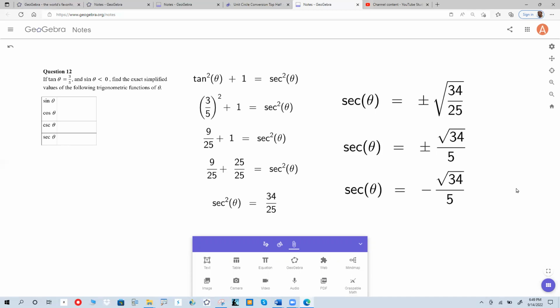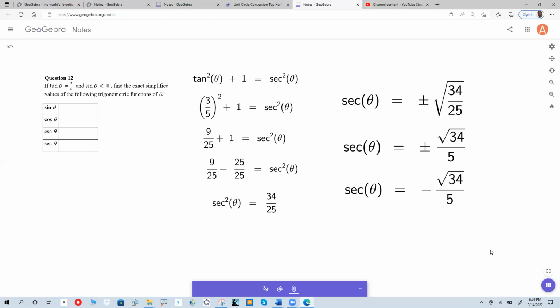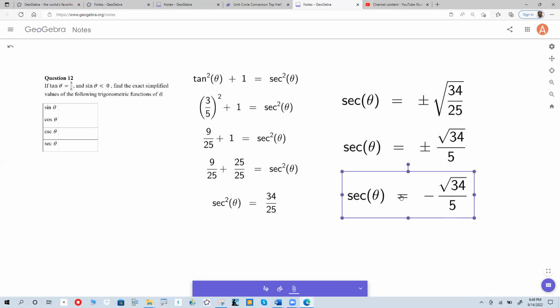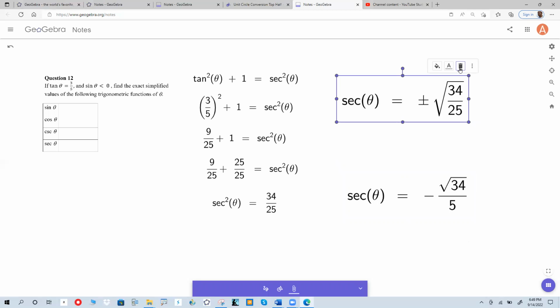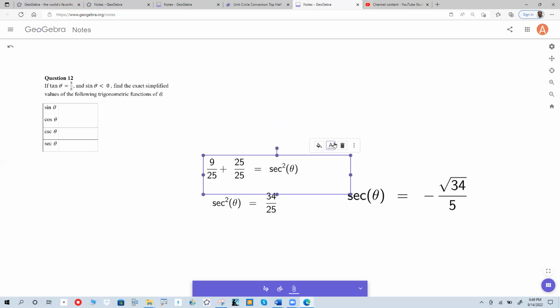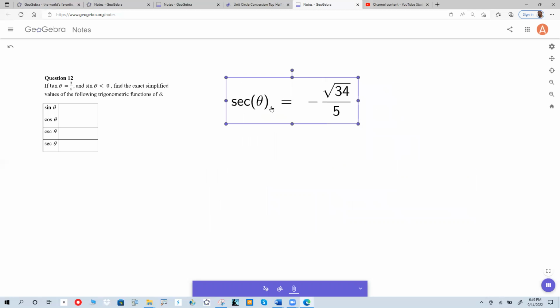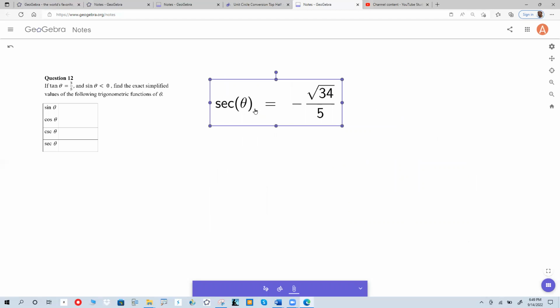Now, let's pause here. Let's make sure you get this. All right. I'm going to erase everything. I need the room, and I will save this. Done. I did find one. I know secant theta. Well, if I know secant theta, I can easily find the reciprocal and find cosine theta.